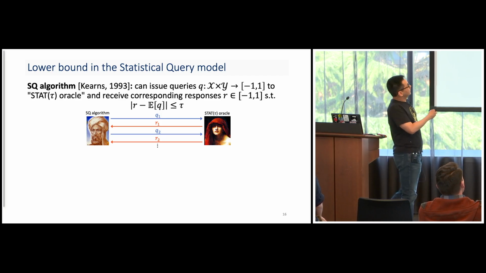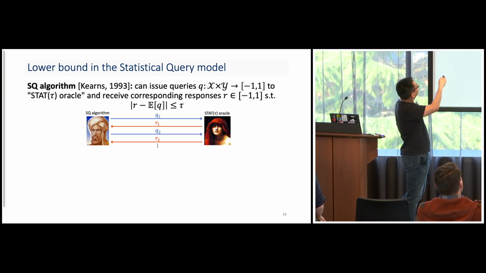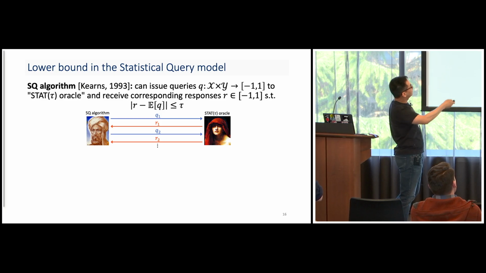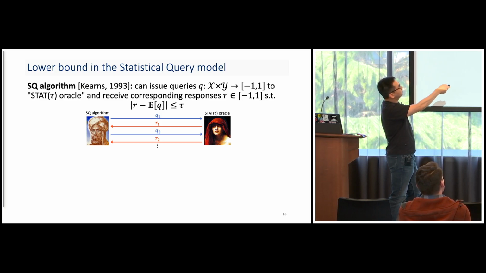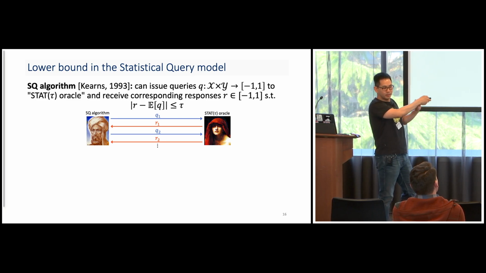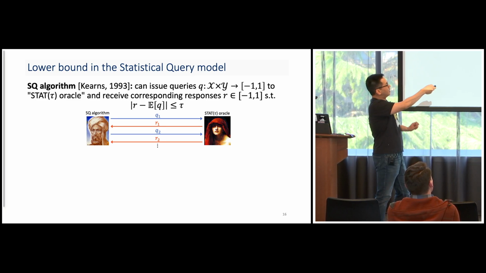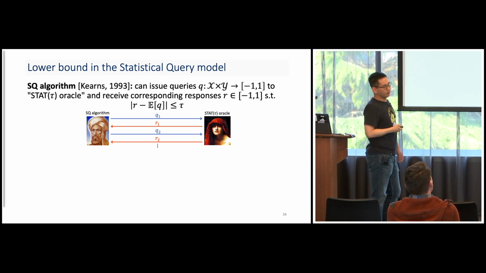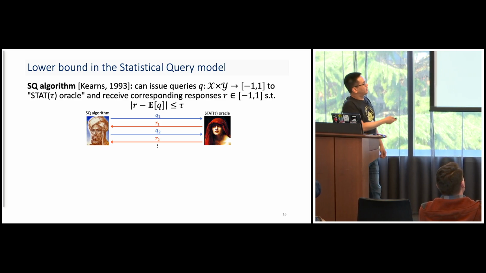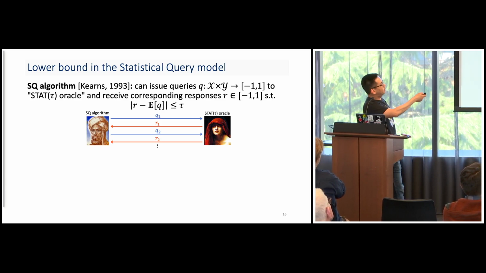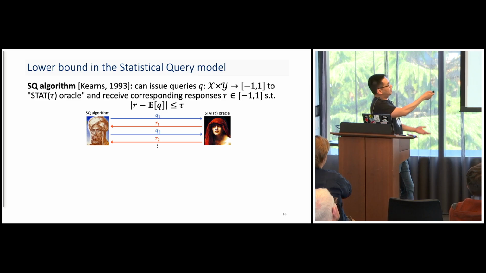This is formalized in what's called the stat oracle. So this is the stat oracle, and here's your learning algorithm. You ask some question, which is just some function of a single labeled example, giving a bounded number between -1 and 1, let's say. And what you receive as the answer to that query is just the average value of that function up to some error tau.